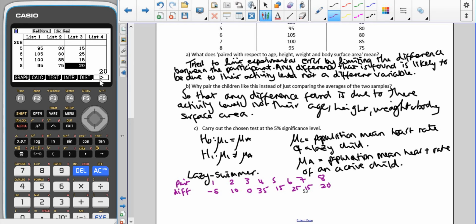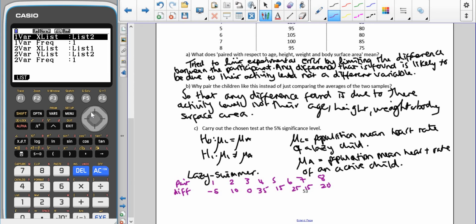So what we need to do is go into calc. And because we're trying to find the information related to the differences, which are in list 3, we need to go into our set option and tell it to look at list 3. So we've put our one variable, which is the difference, and that is in list 3.